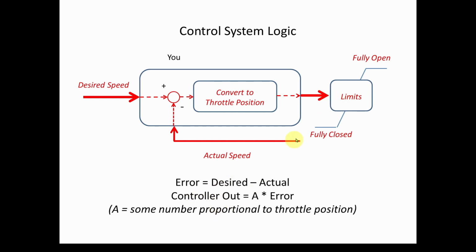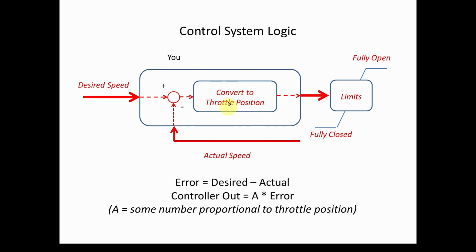So the controller output, or the machine input, is some value times the error. It's a very simple concept. You're basically taking the error, multiplying it times a number, and feeding that to the machine. And A is some number proportional to throttle position. So you can see it's a very simple job we're doing.